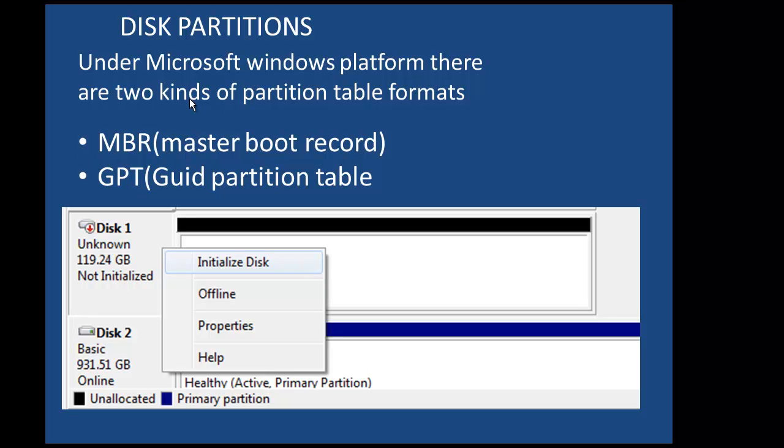So if you go to the disk section in computer management, you can right click on the disk. If you see this disk here, there's a little red arrow and it says unknown, not initialized. All you have to do is right click on the disk and say initialize disk.